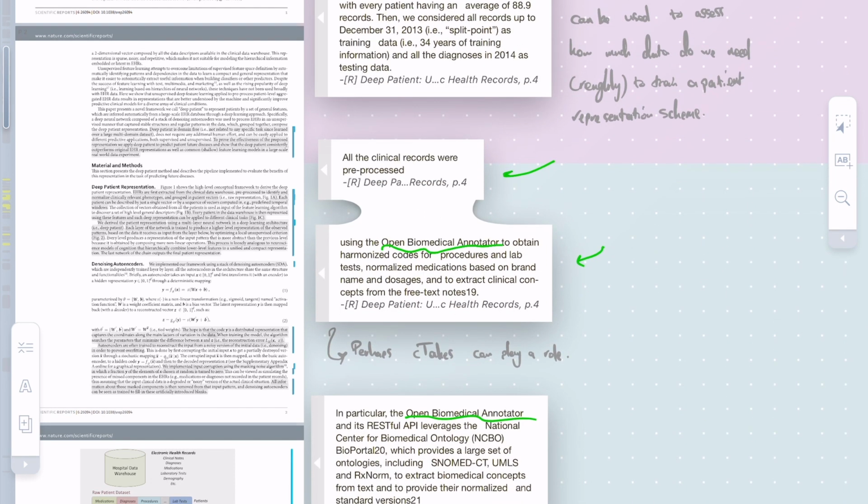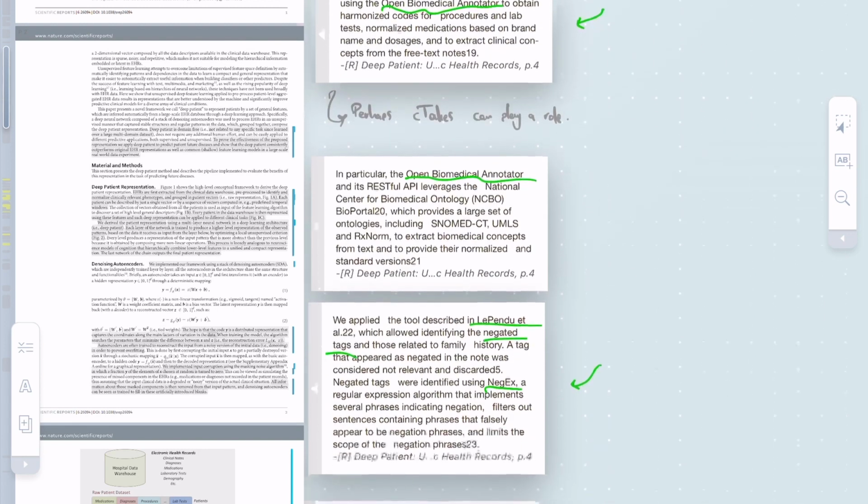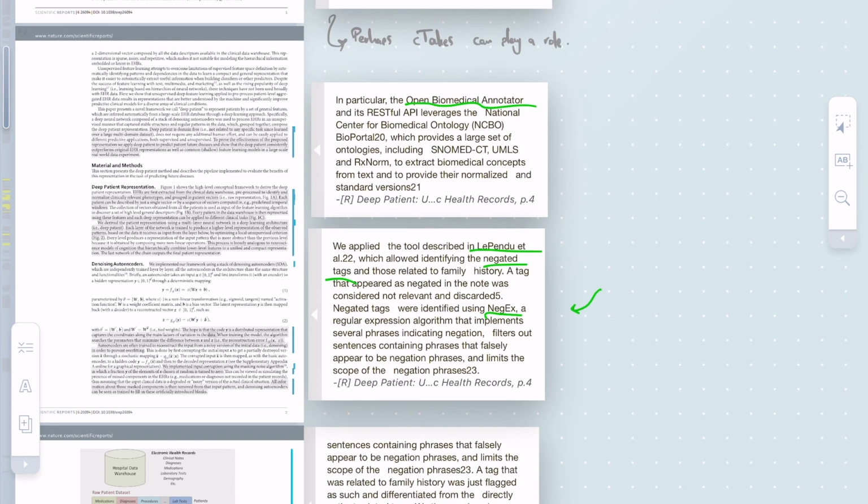They use the Open Biomedical Annotator, which is a RESTful API application that is able to associate codes, SNOMED CT, UMLS, and RxNorm to free text. So they use these in representations as well. They try to identify the negated tags and remove them using these approaches.